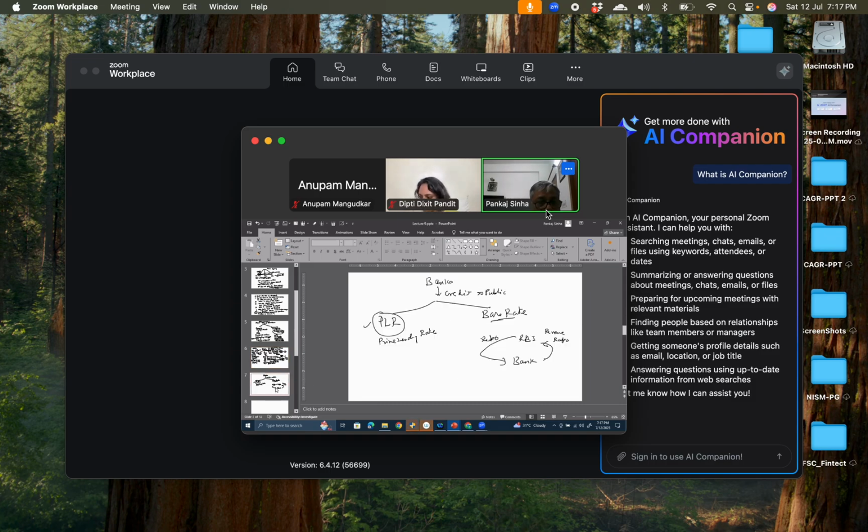Means there is a soft policy. MPC policy is inversely proportional to liquidity. So tight policy means what? Tell me. Tight MPC policy means what? Less liquidity. Yes, very good.